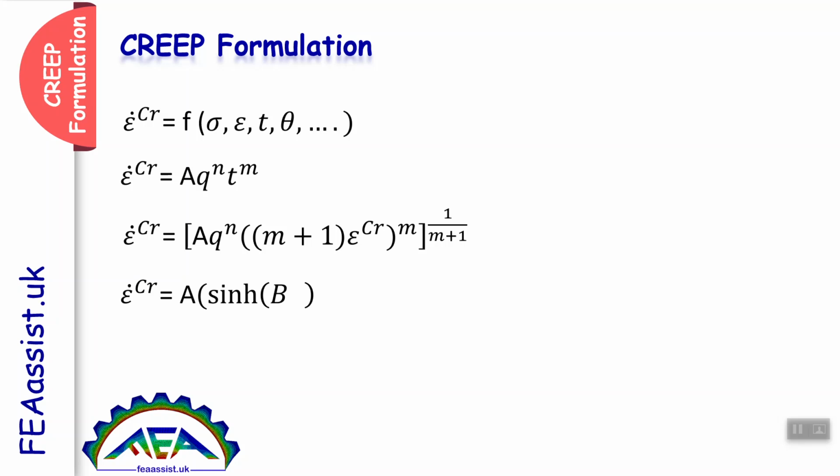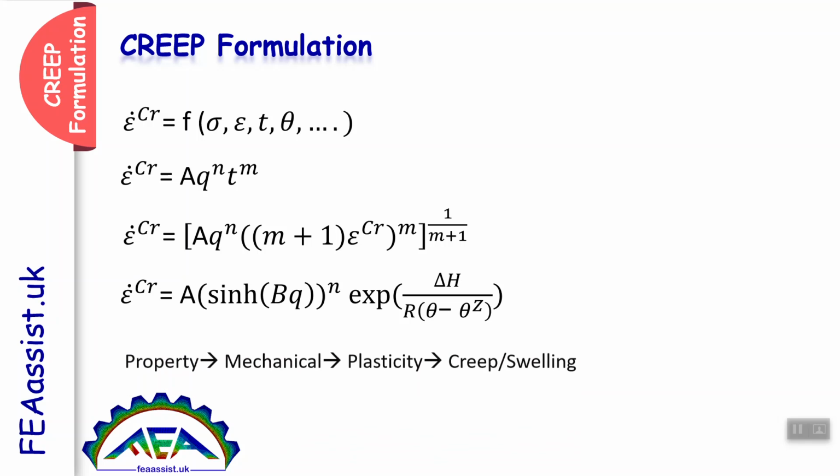Another form is the hyperbolic sine function, in which creep is a function of deviatoric stress, activation energy and temperature. You can go to Abaqus, go to property, mechanical section, plasticity, and there you can see the creep and swelling option, and in that section you can enter all these parameters and predict the behavior.